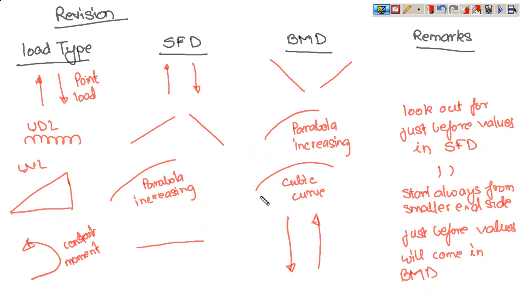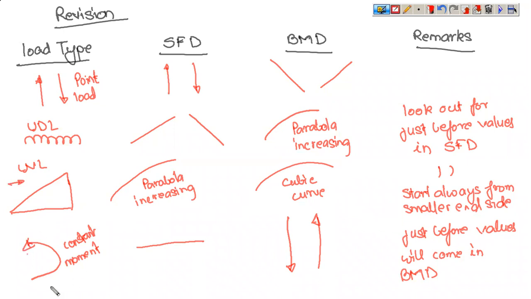In the bending moment diagram, you will have a cubic curve. Again, you have to look out for just before values in the shear force diagram, and you have to always start from the smaller end side. The drawing of the shear force and bending moment diagram has to be such that you have to start from this end only.